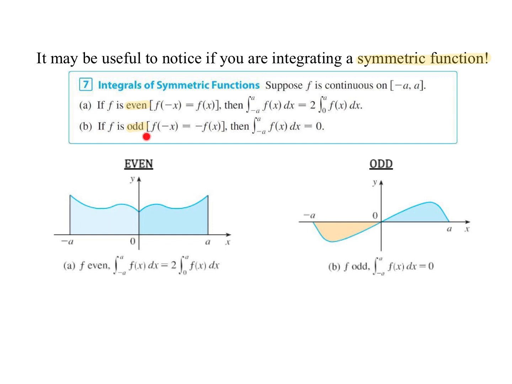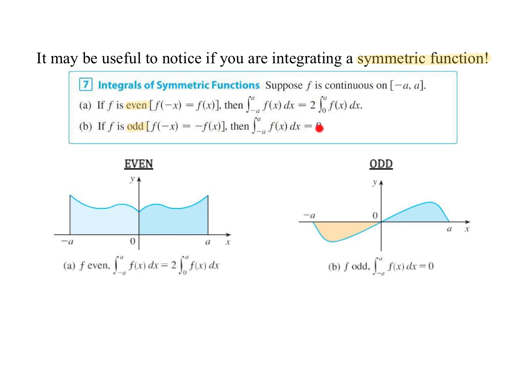Now, if you are evaluating an odd function from negative a to a, remember odd functions are symmetrical 180 degrees about the origin. So they look something like this. Whatever is happening on the right, the opposite of that is going to be happening on the left. So if you're evaluating from negative a to a, those areas are always going to cancel out.